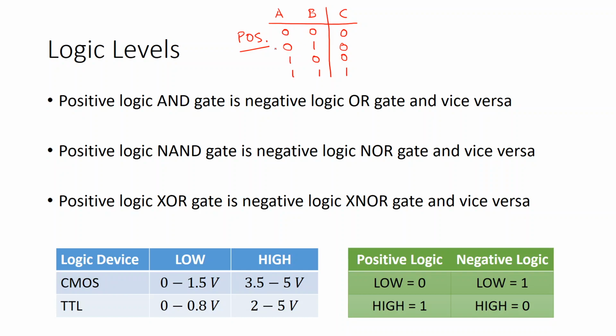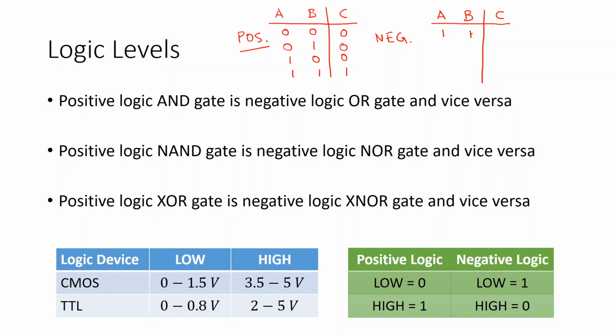Now if you want to transfer this same truth table to a negative logic system, then the low voltage is encoded as 1 and the high voltage is encoded as 0. So the low voltage which was appearing here, in place of 0 you will write 1, and in place of 1 you will write 0.